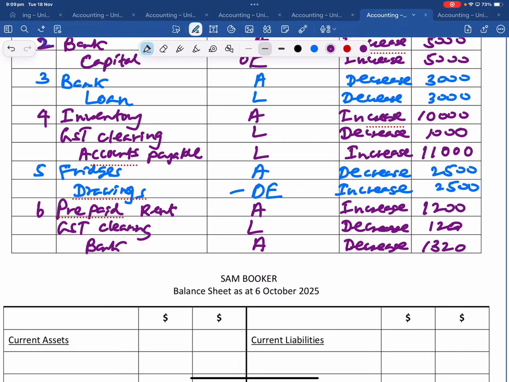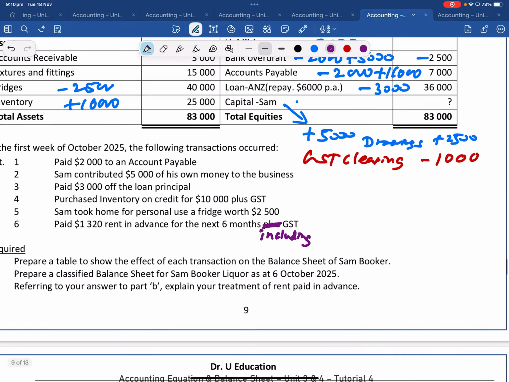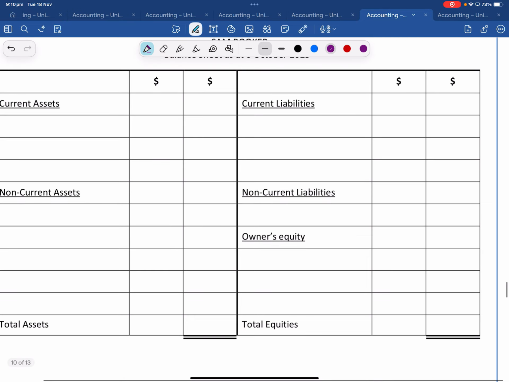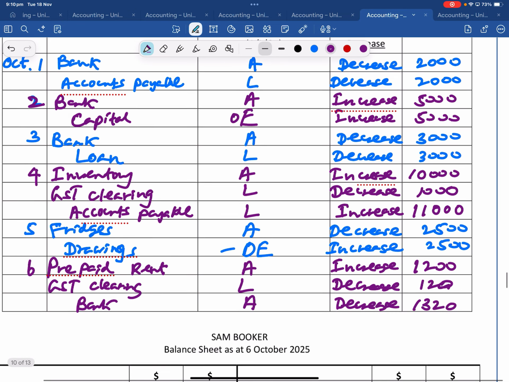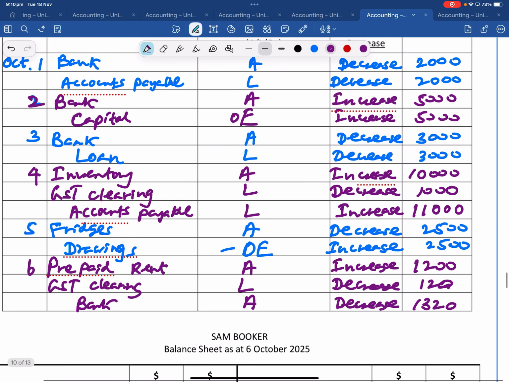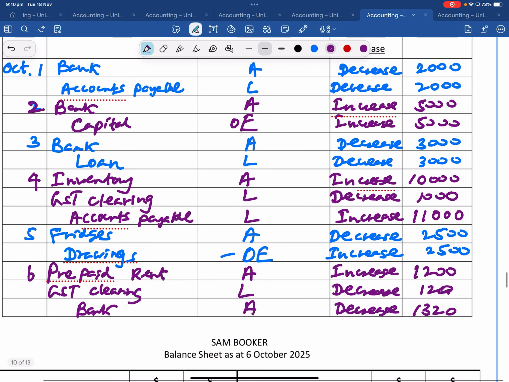1320. In the balance sheet, shouldn't there be a GST receivable? Yes, I'm going to tell you. You need 5 boxes. Because there's no GST payable already, all the GST payable becomes GST receivable, because it's been decreasing. 5 boxes: prepaid rent, cash at bank, accounts receivable, inventory, and GST receivable. Didn't we get 5,000 in the bank though?